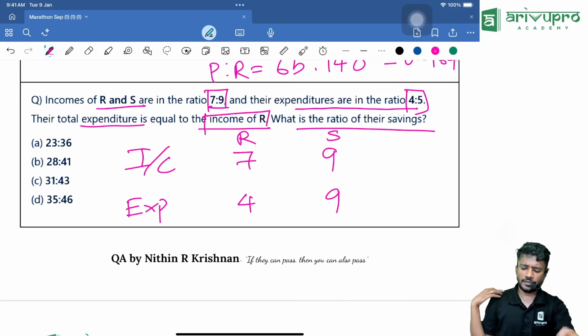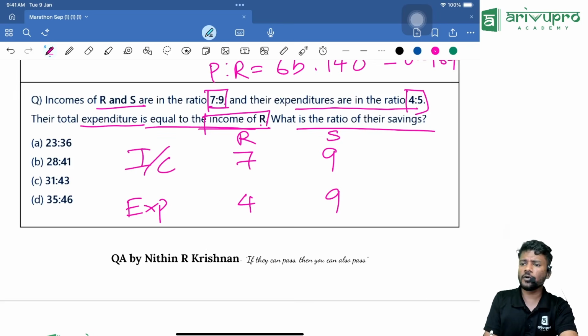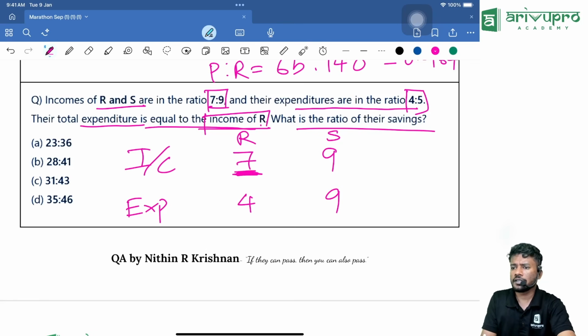So here what is given there? Total expenditure is equal to income of R. What is the income of R here? If you look into it, it is 7. Now if you look into just the numbers, what is their total expenditure? Can I say 13 is their total expenditure? Is that right? 4 plus 5.